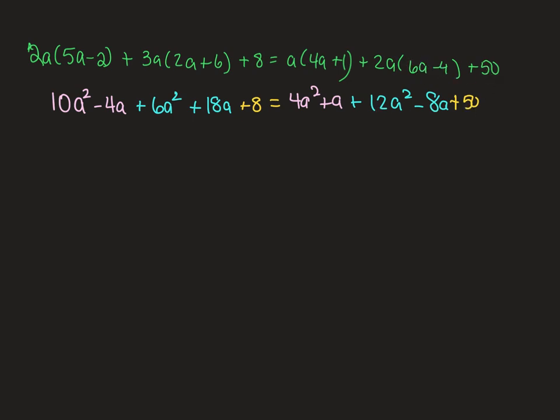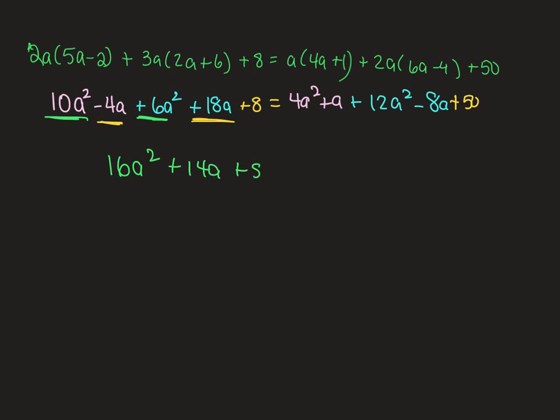Now we need to look for like terms on the same side. We're not going to start singing our silly song yet. I see 10a squared and a positive 6a squared. That makes 16a squareds. I see a negative 4a and a positive 18a. That makes positive 14a.